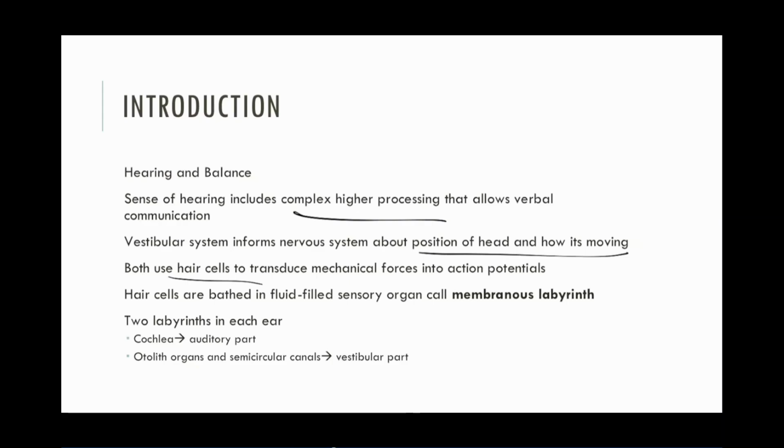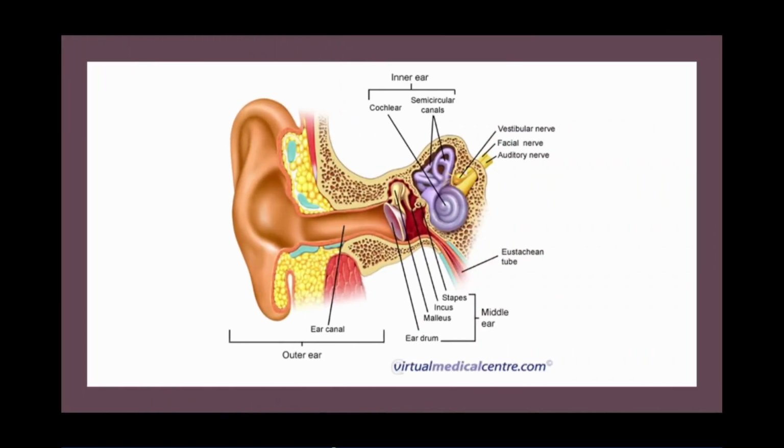Hair cells are bathed in a fluid-filled organ called the membranous labyrinth. And we have 2 labyrinths in each ear. We have the auditory part and we have the vestibular part. So those are the 2 different parts of our ear.